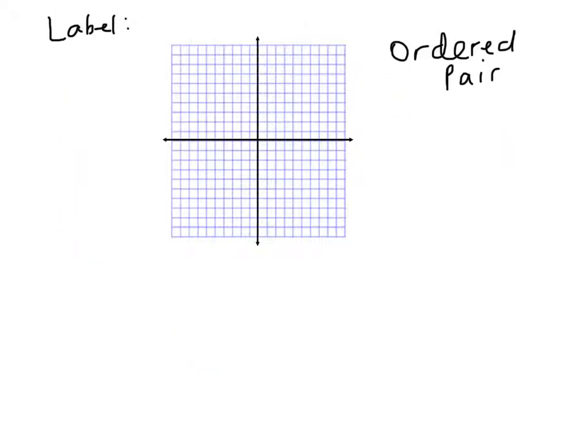So now let's take a look at a coordinate system and let's label some different parts of it. So we just talked about our two number lines. So we have this horizontal number line, that is our x-axis. We have the vertical number line, which is our y-axis. We have a place right here in the middle.